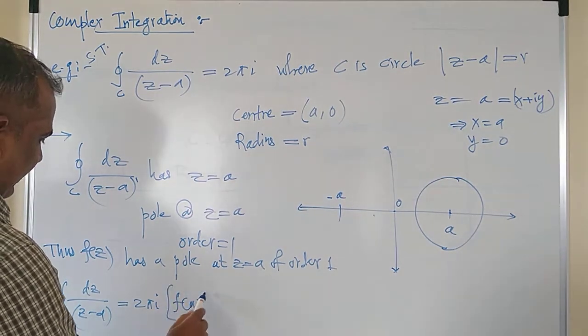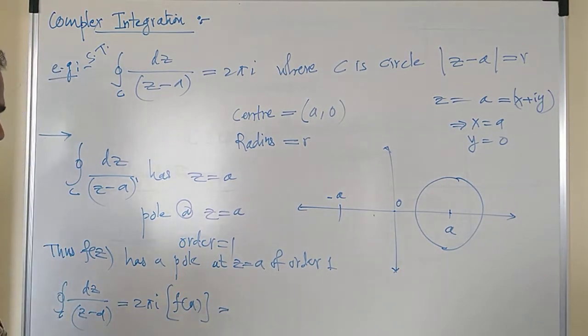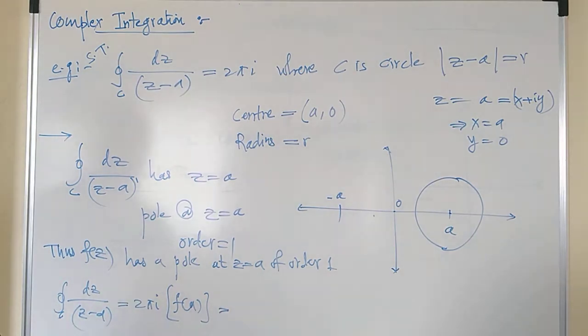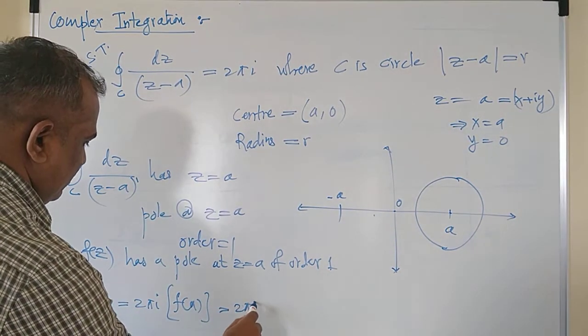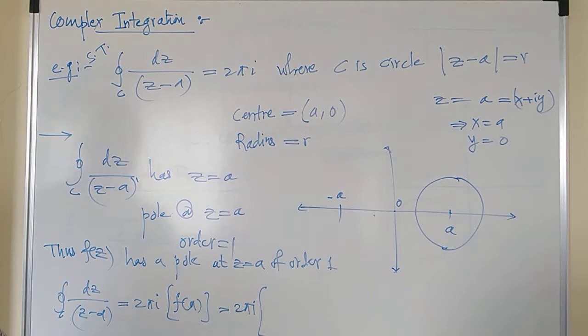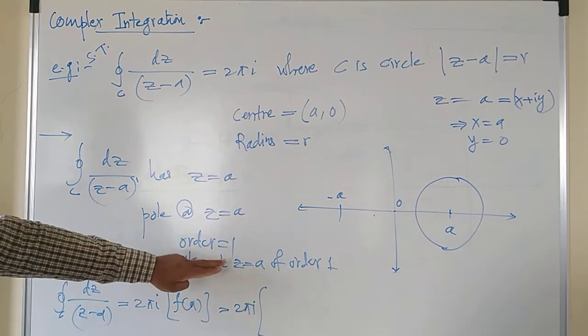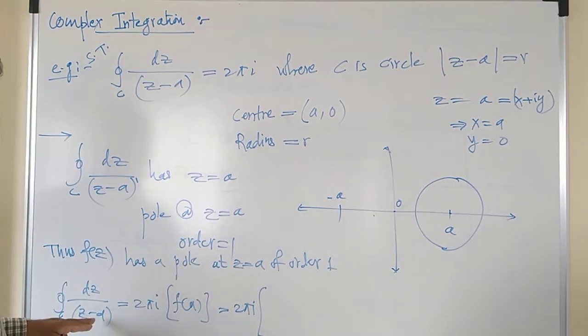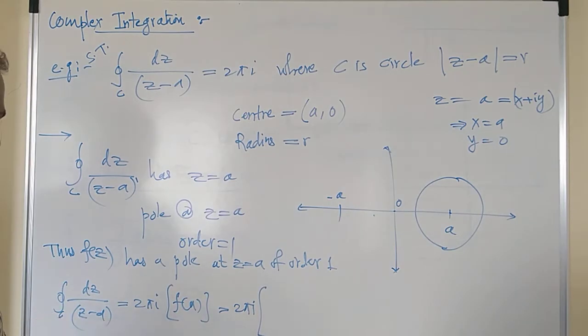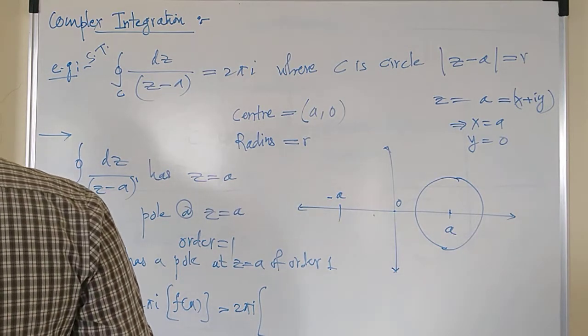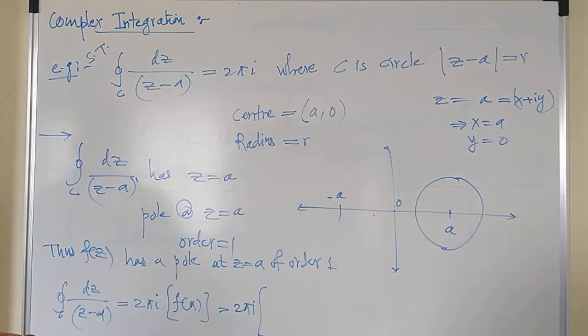Now how to calculate this? Now to calculate this, 2 pi I is constant as it is, and the pole of order 1 is at z is equals to a. So you should put here in the given function the value of z is equals to how much?